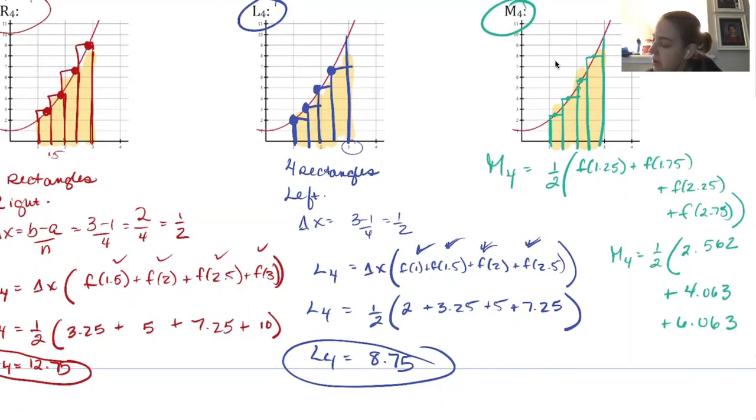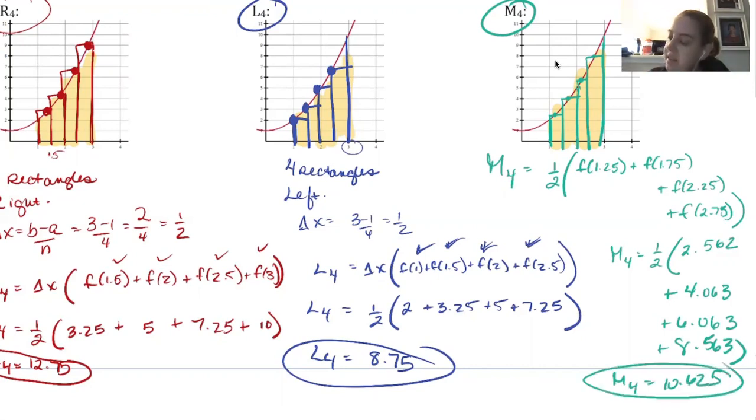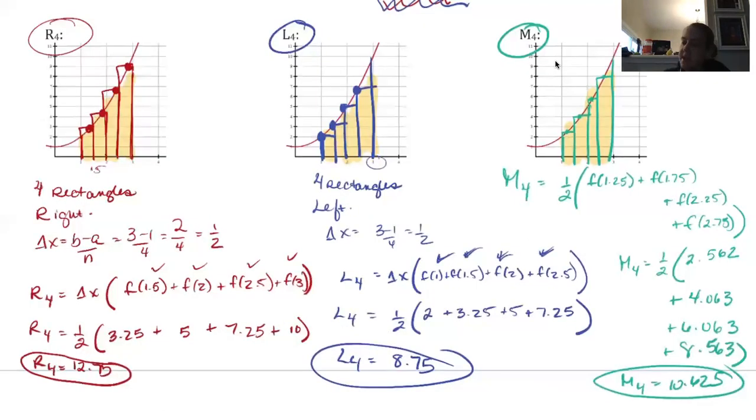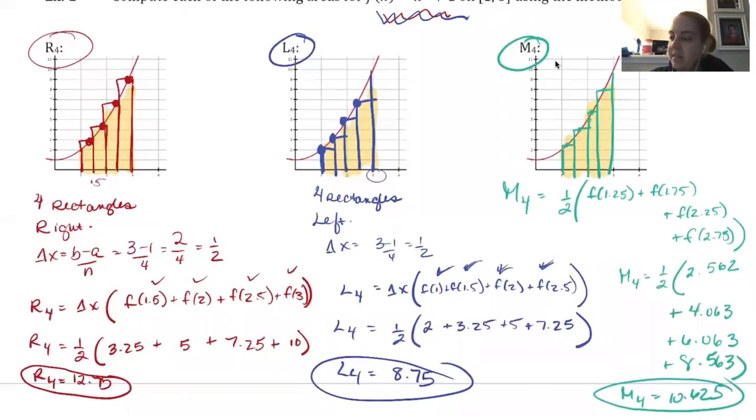You guys can be doing this along with me. 8.563. Okay, so if we add all these up, I have 10 and multiply by 1/2 as well, 10.625, which makes sense. It's between the 8 and the 12, and that is, again, an estimate of the area.